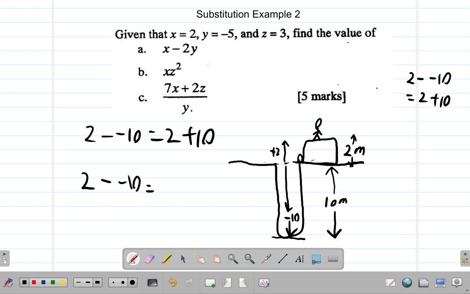So you climbed a total of 10 meters up plus 2 more meters. Same thing as 2 meters plus 10 meters, which is a total of 12 meters. You go up 10 and then 2 more, so you would have climbed a total of 12 meters.